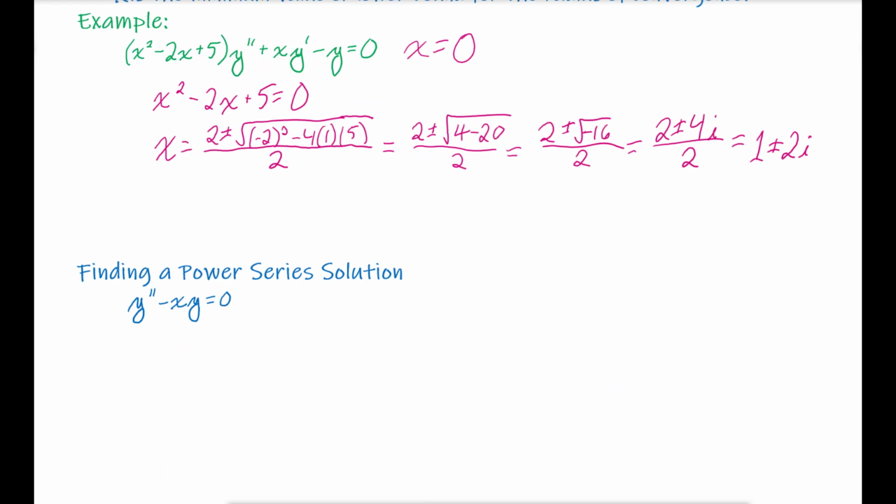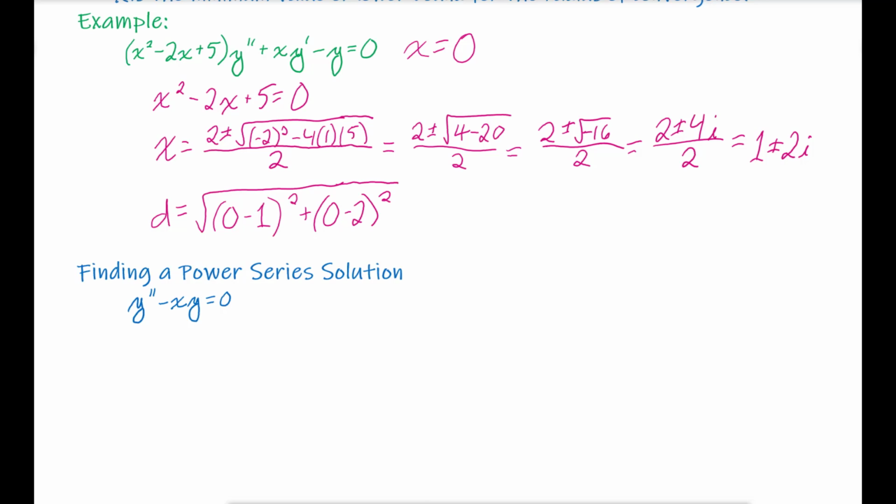So now that I know the two singular points, I can find the distance from 0 to them in the complex plane. So finding that distance, I'm going to be taking the square root of 0 minus 1 squared plus 0 minus 2 squared.